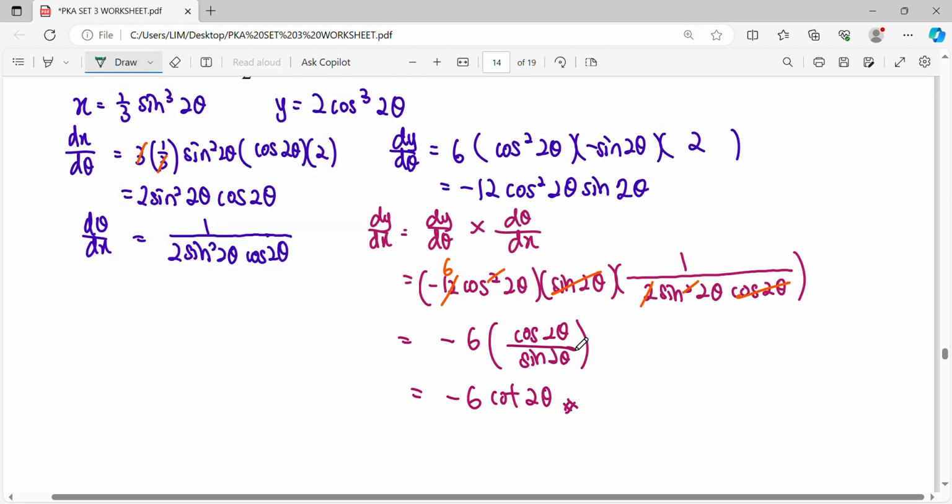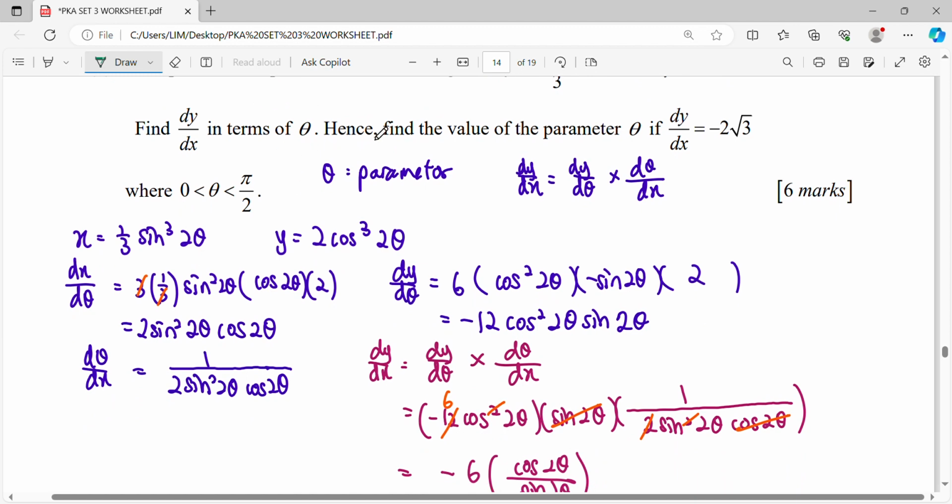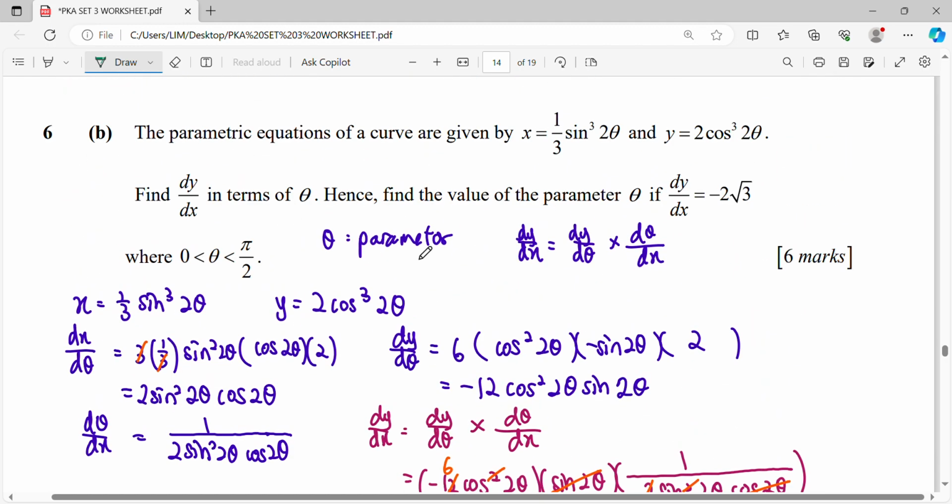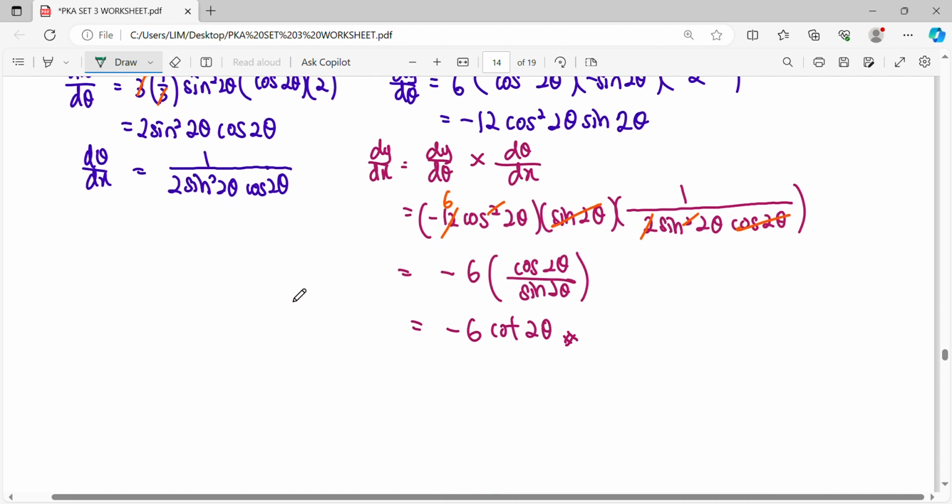The question proceeds. They ask, hence, find the parameter theta, when dy/dx equals negative 2 root 3. And our theta only falls in 0 until pi over 2. So given dy/dx equals negative 2 root 3, in other words negative 6 cotangent 2 theta equals negative 2 root 3. Here we go back to trigonometry.